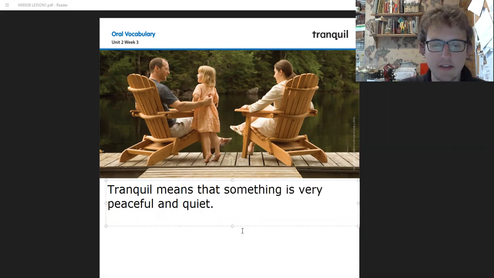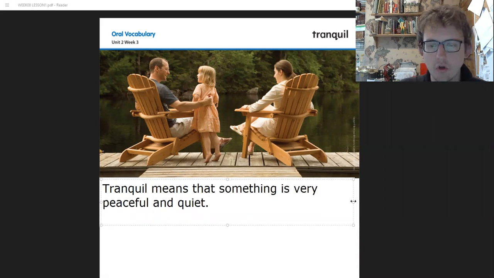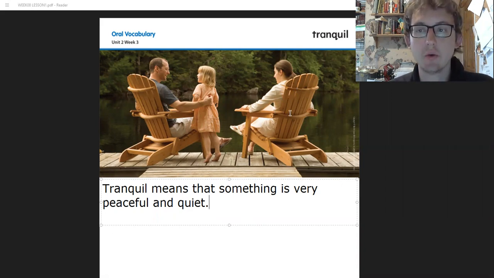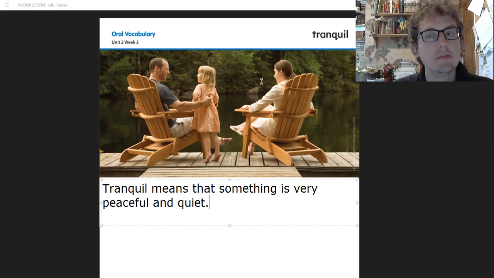So if we look at this picture, we can see that this setting is very tranquil, right? There's a father and a mother and a daughter, and they're sitting by the water in the country. So it's very quiet. They maybe can hear little birds, cheep, cheep, cheep, right? And they just are relaxing by the water.